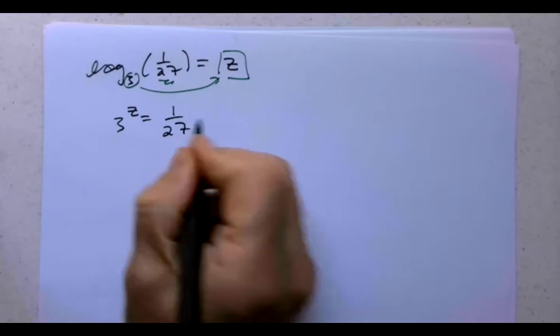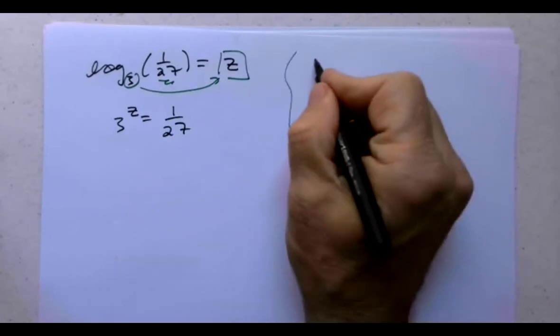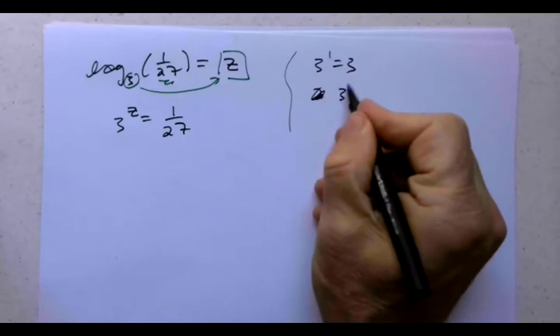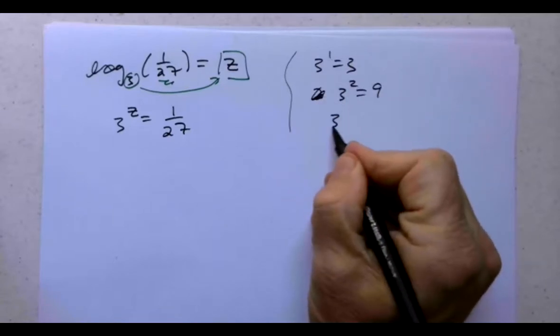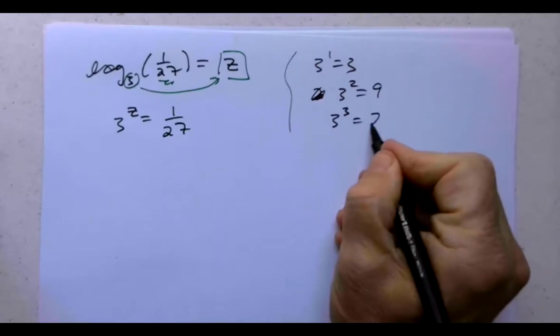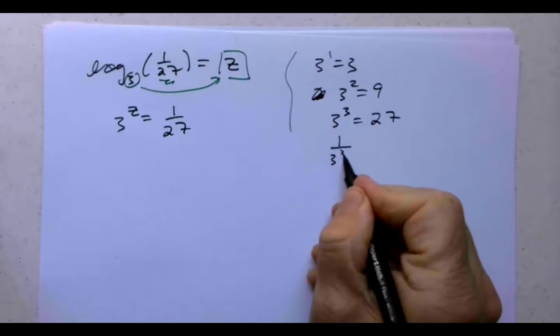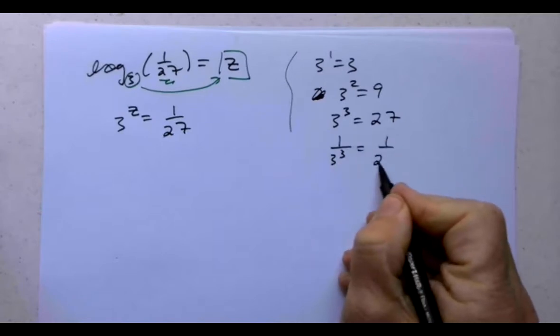So we need to figure out what 1/27 is as an exponent. 3 to the first is 3. 3 to the second is 9. 3 to the third is 27. So 1 over 3 to the third is 1/27.